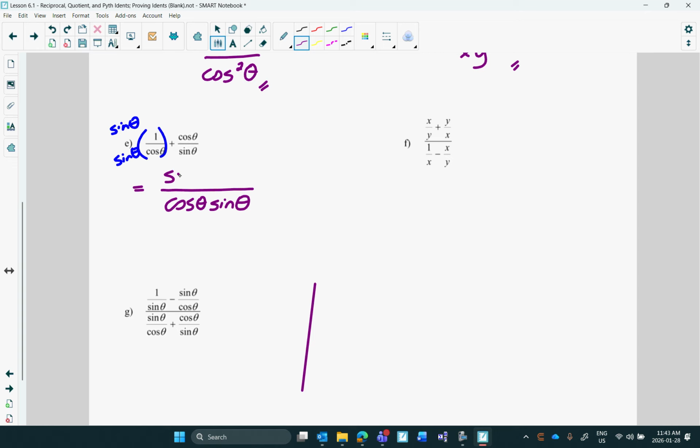And that will get me sine theta up top. What must I multiply this one by? So that gives me plus, no squared thing. And you've made it into a single fraction, so you're done.